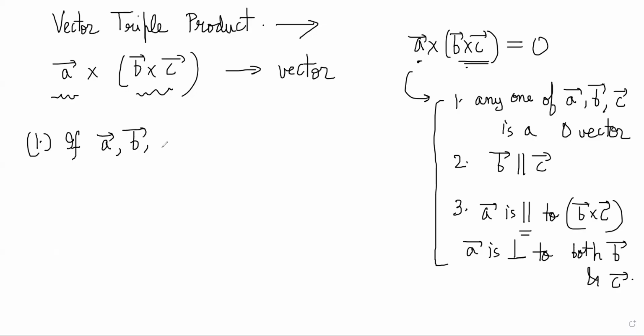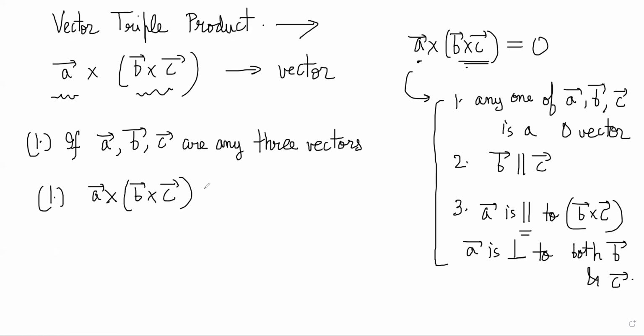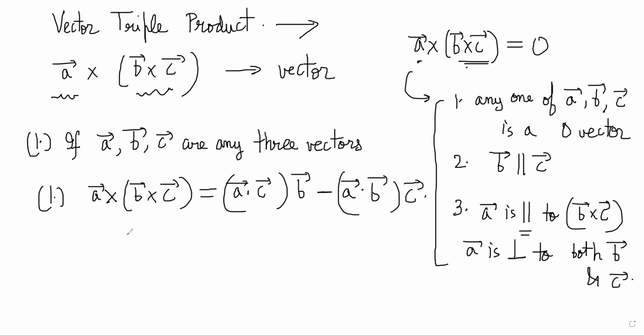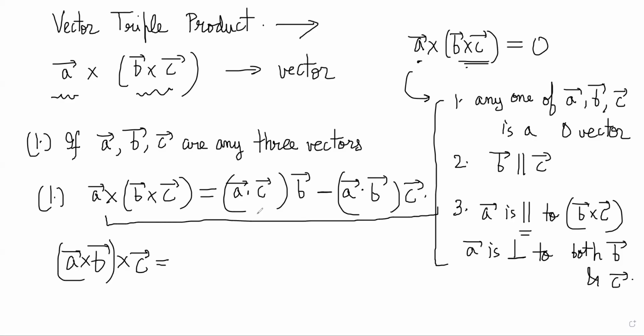If A, B, C are any three vectors, then first of all, you can say A cross B cross C will be equal to A dot C B minus A dot B C. And if I wanted to find what is A cross B cross C, how do I do it? I will only remember this one formula. Don't try to remember multiple versions.